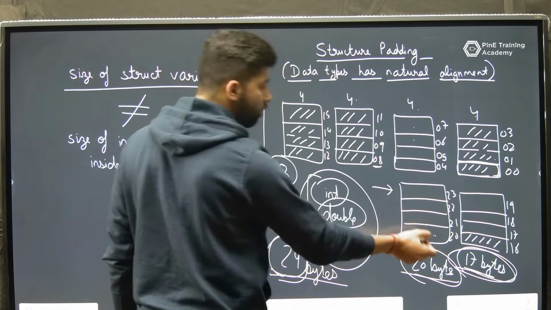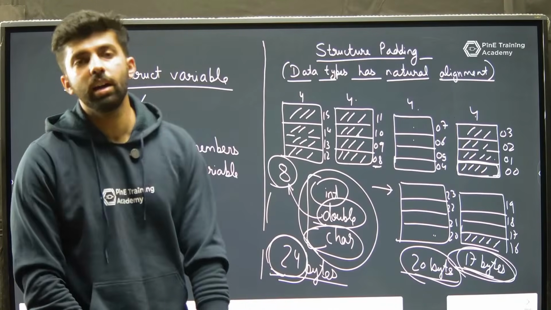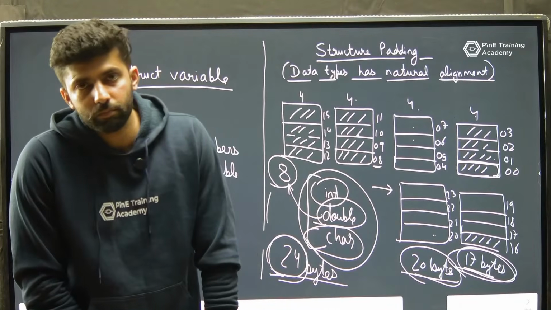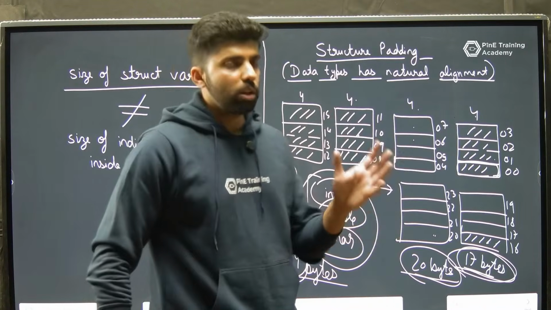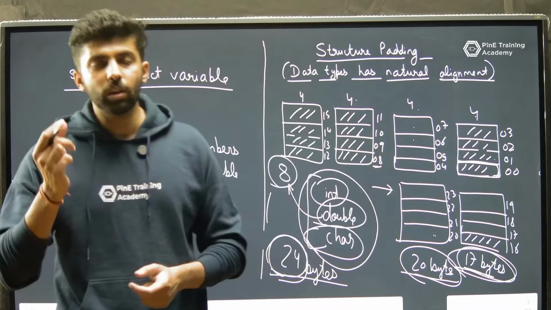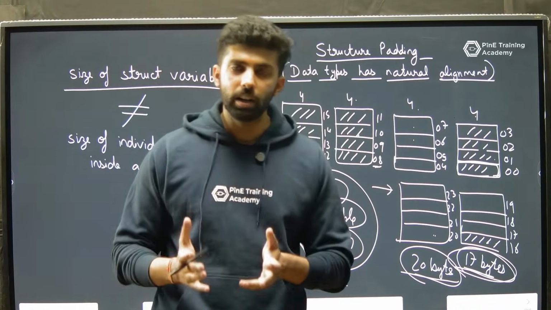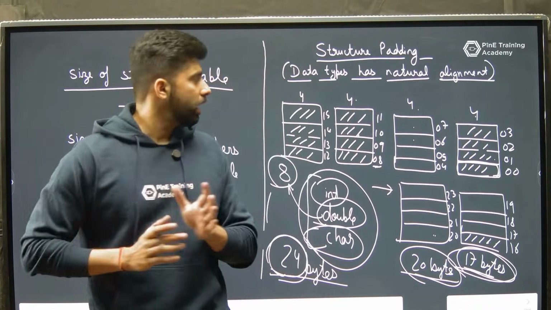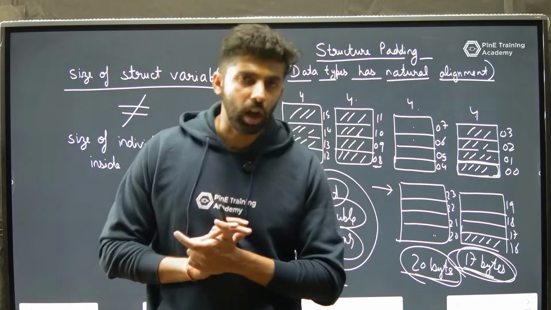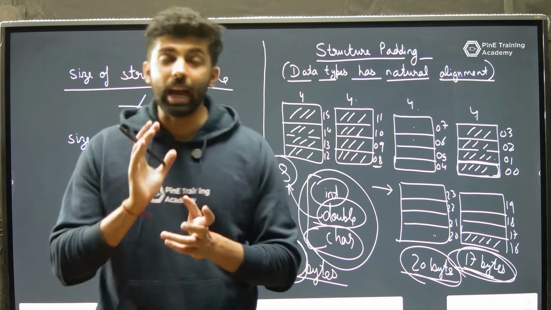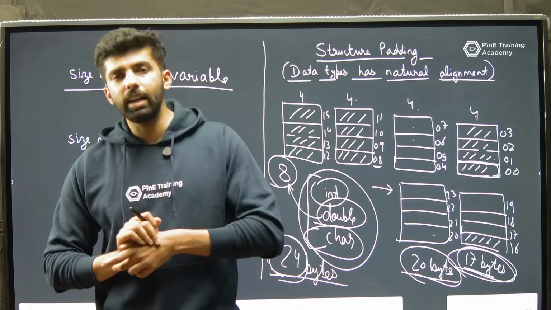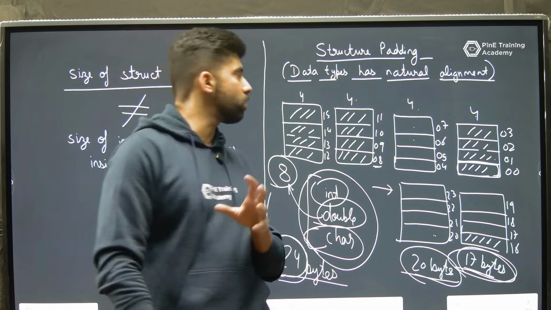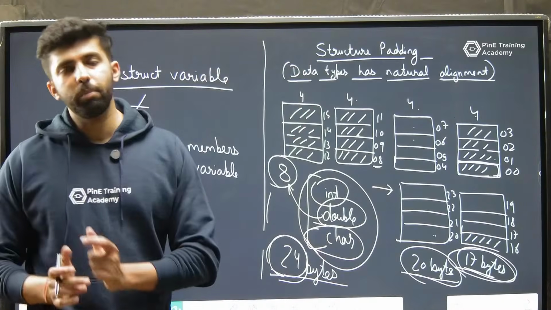Hence, this particular part will also be considered as padding. So to calculate the size of a structure variable, you need to consider padding. Without it, there is a very high chance that you are giving a wrong answer, right? It can be correct at a certain point, but it is very likely that your answer will be wrong if you are not considering structure padding.